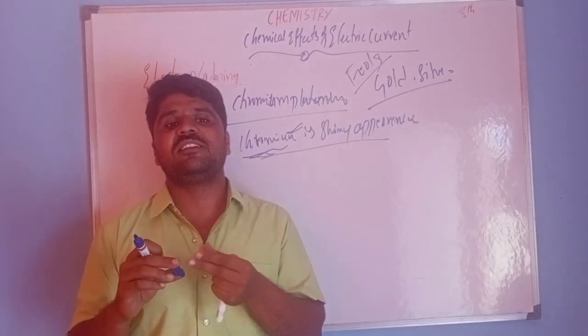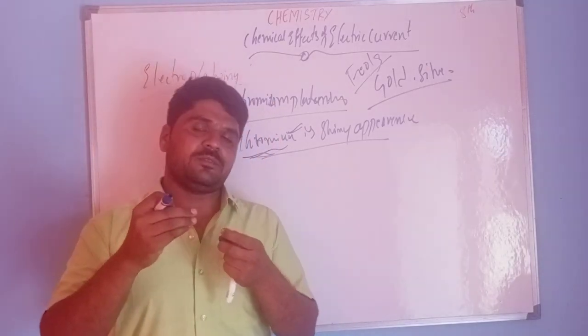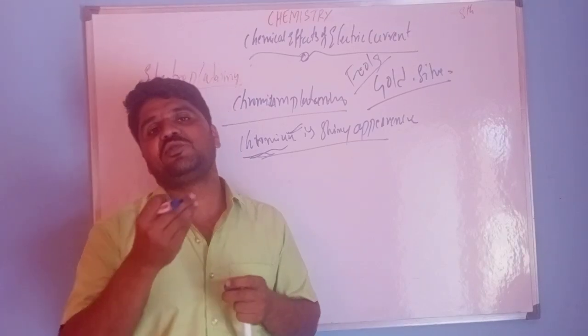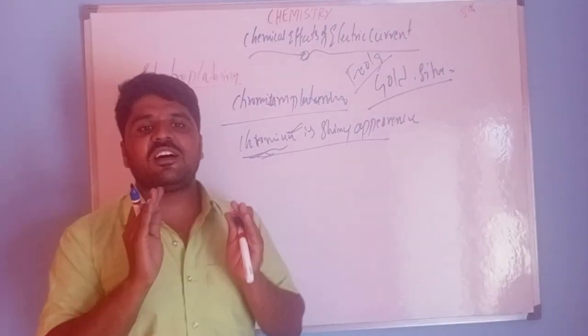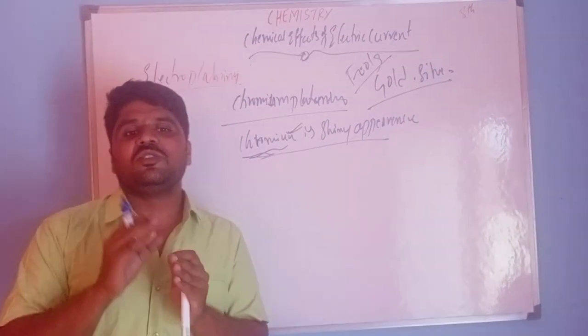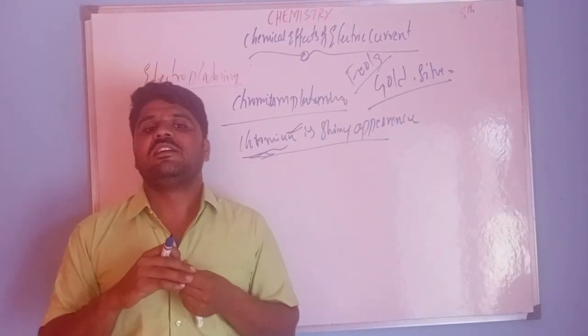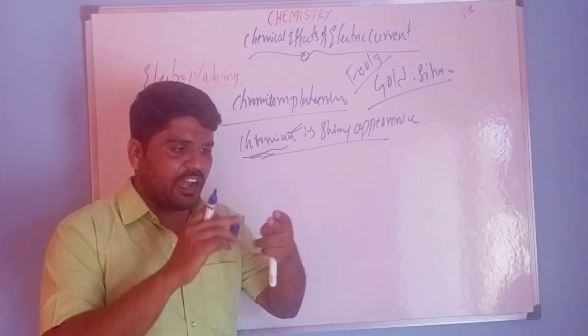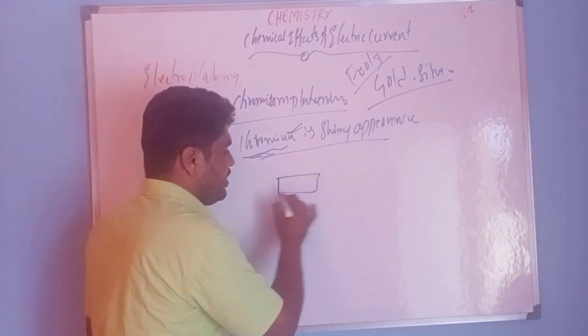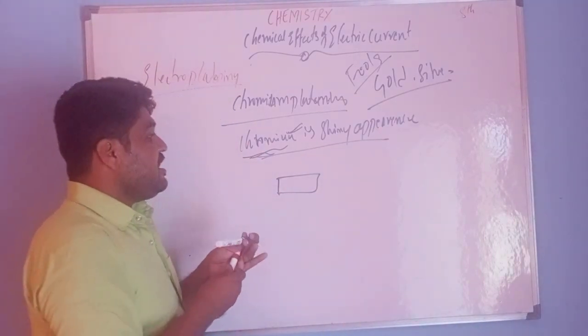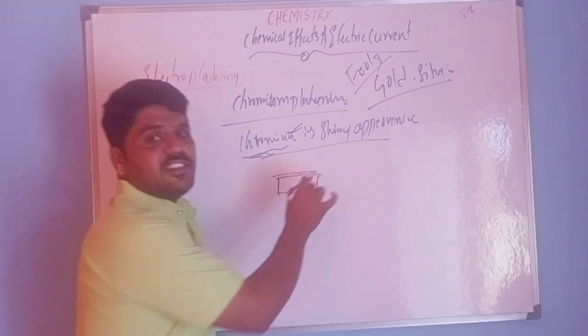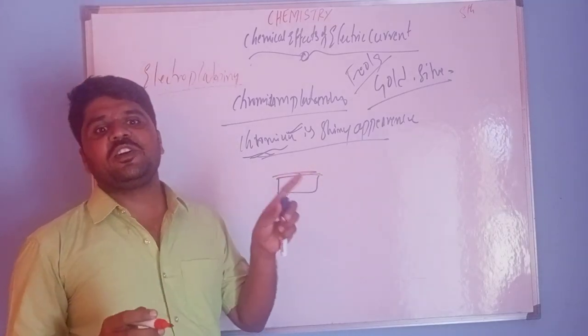And different cans, that means tin cans. For which purpose do we use tin cans? For storing foods and oils. These tin cans are also made by electroplating. Iron is present, and on this iron, tin is coated. That means electroplating is done.